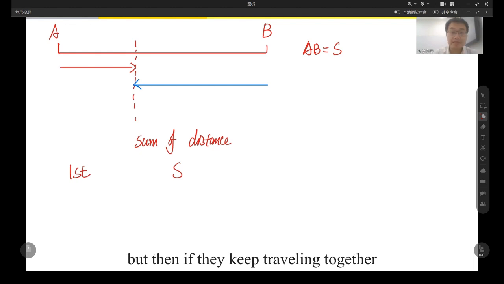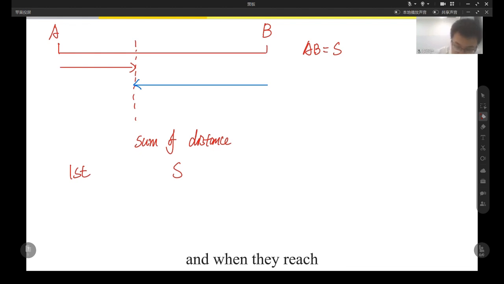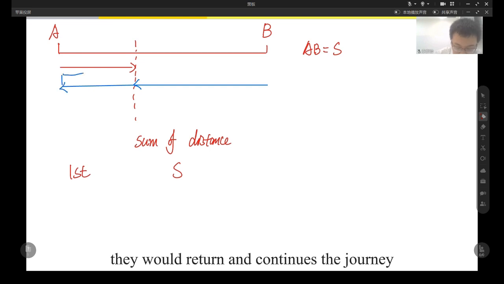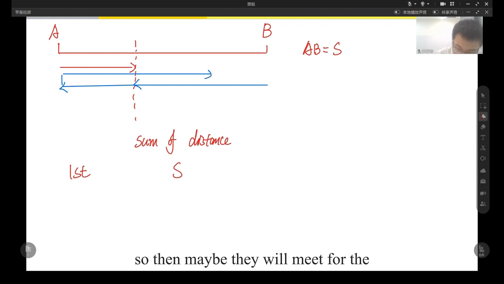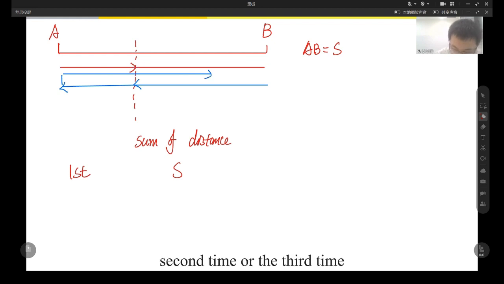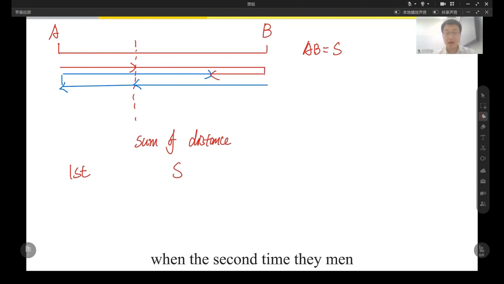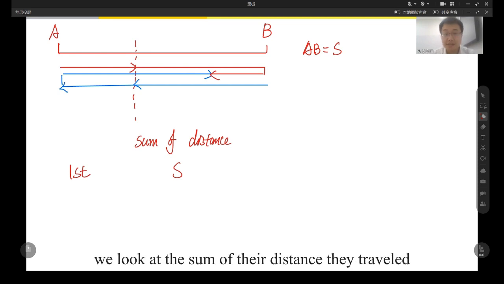But if they keep traveling, when they reach the vertices B and A, they would return and continue the journey. Then maybe they will meet for the second time or the third time. Let's look at the second time. When they meet the second time, we still look at the sum of the distance they traveled.